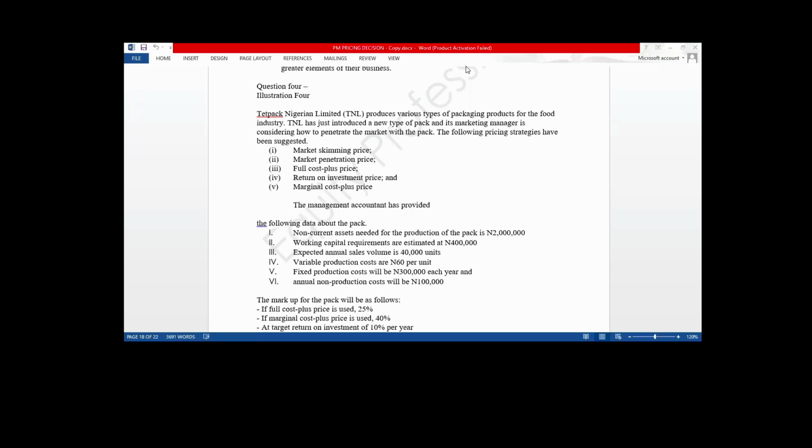How do we calculate return on investment pricing? Isioma has told us that we can use this method for planning purposes. Also, this method can be used if you are trying to meet the expectation of the investors, the owners of the business. That's fine. So who is going to add to it?